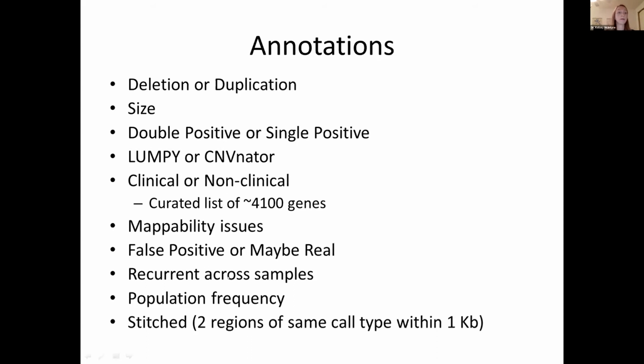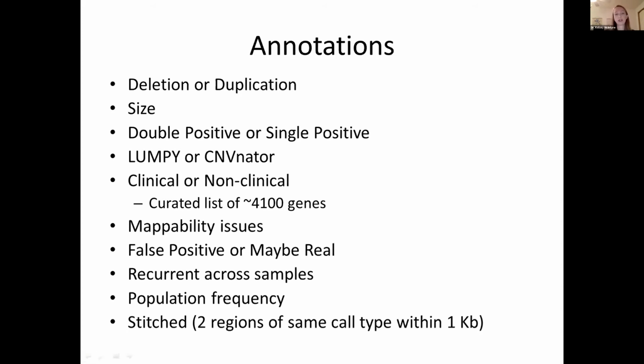Then we made a recurrent call list after analyzing all of our genomes, which are events that are either common in the population and happen to occur in a lot of our samples, or they are things that are technical artifacts, potentially repetitive regions. We looked at the population frequency based on gnomAD structural variant information, and we also can look at DGV for larger events.